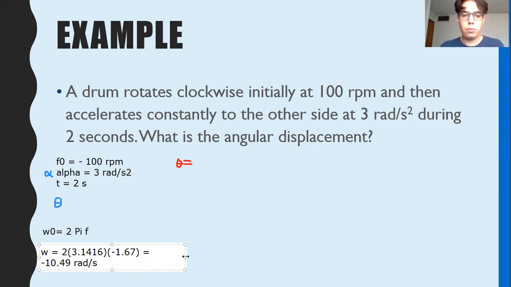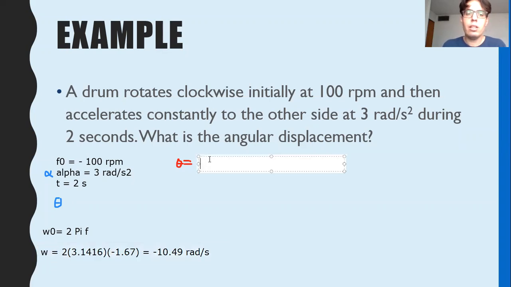Okay. So now that we have that information, we can substitute it in the formula, right? The formula said initial angular velocity. So we're going to use negative 10.49 radians per second multiplied by the time that is 2 seconds.